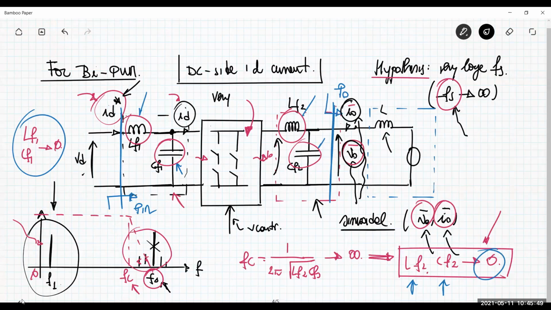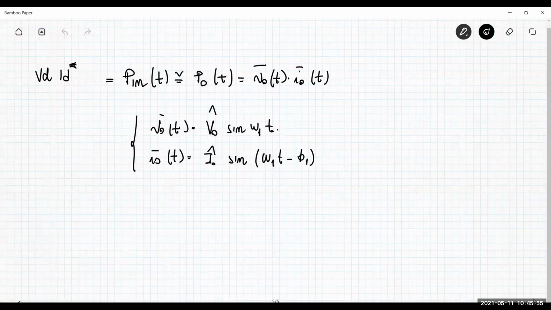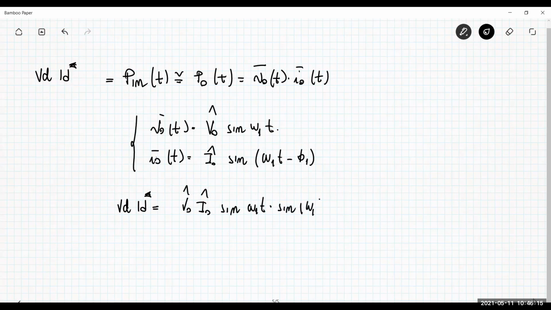This is the winding inductance. So basically this means that VD multiplied by my unknown, which is ID star, is V naught multiplied by I naught sine omega 1 t multiplied by sine omega 1 t minus phi 1.